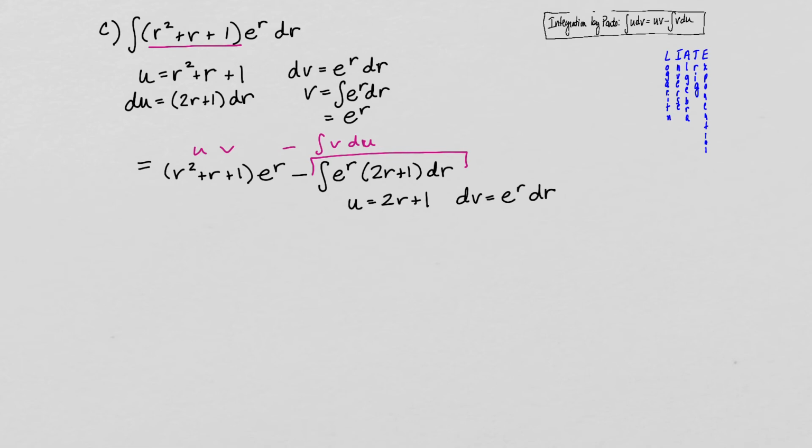It's not like u always has to be the first thing in the integral and dv has to be the second thing. You can mix and match. But we're going to do the same thing again. So we find du: the derivative of 2r plus 1 is 2 dr. And to find v, we take the integral of dv, the integral of e to the r dr, which we said was just e to the r.